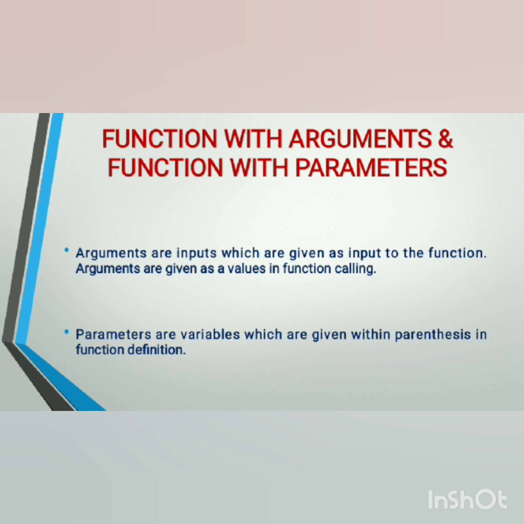Parameter means it is a variable which is used in the function definition, right? So we have seen two types. First one argument, second one parameter. Arguments means a value which is given in function calling, right? So parameters are variables which are given in the function definition. So this is the thing, arguments and parameters, right?